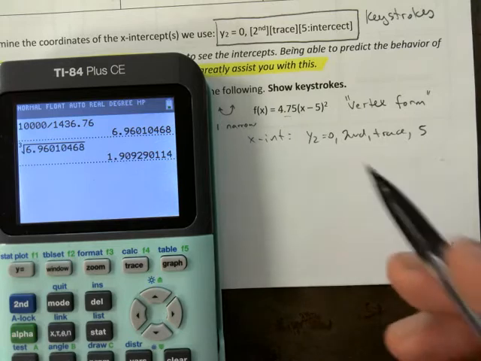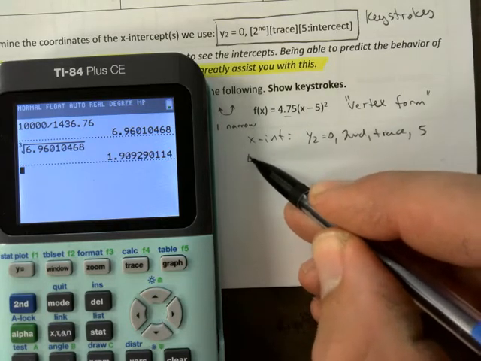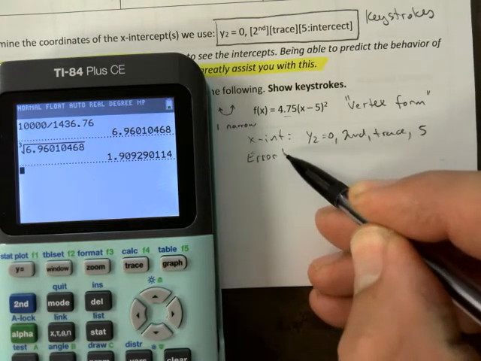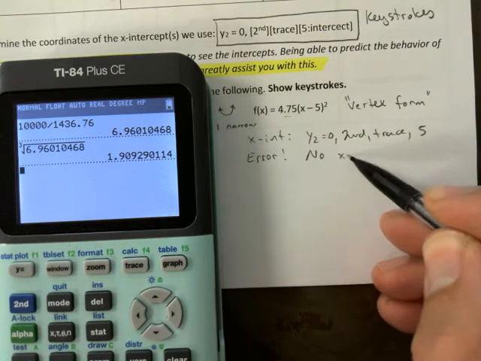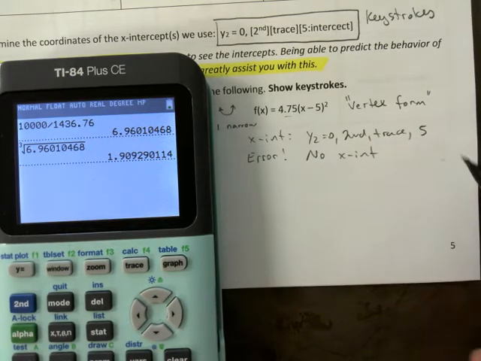So here it is. Error, no X-intercept, okay? So don't worry about that. However, I see already what went wrong here.